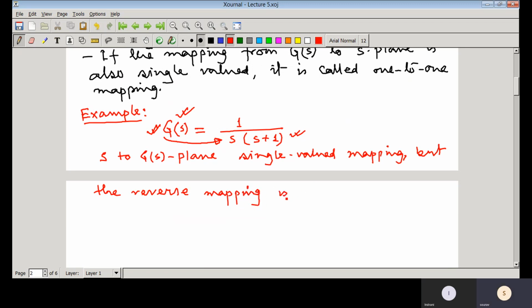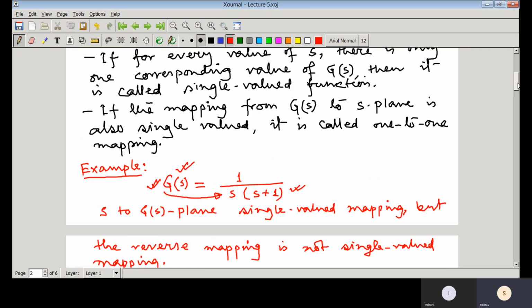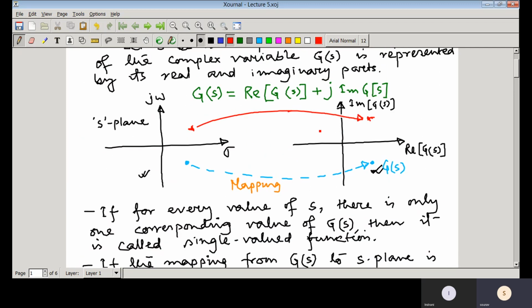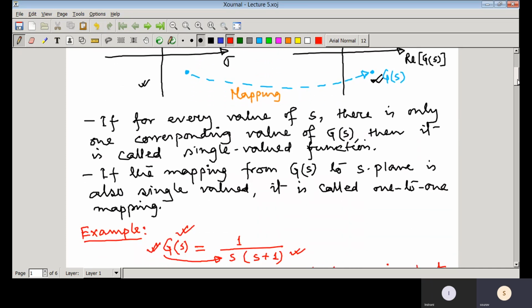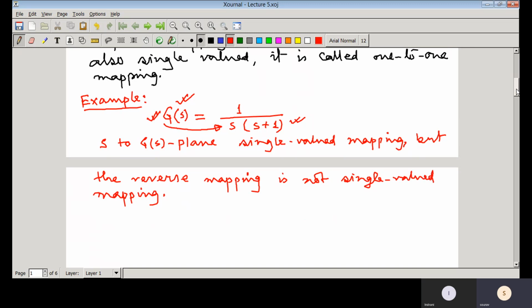Why? We have considered here the S plane and G(s) plane including infinity, so these planes are with infinity points.